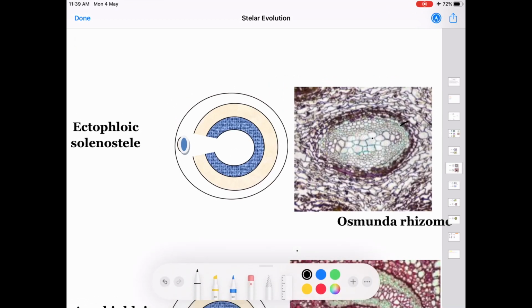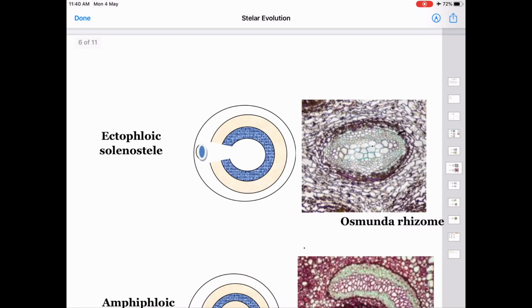Here, the central region is occupied by the pith. Pith in turn surrounded by the xylem, xylem in turn surrounded by the phloem, and there will be a leaf gap and a leaf trace. This type of arrangement is known as ectophloic solenostele.